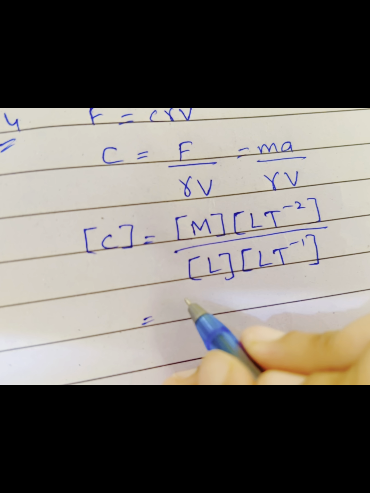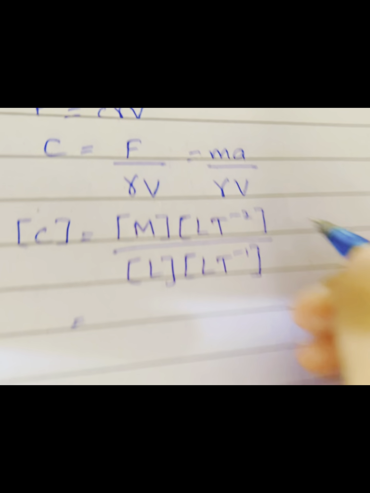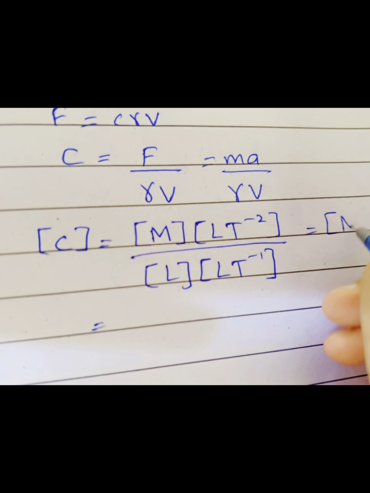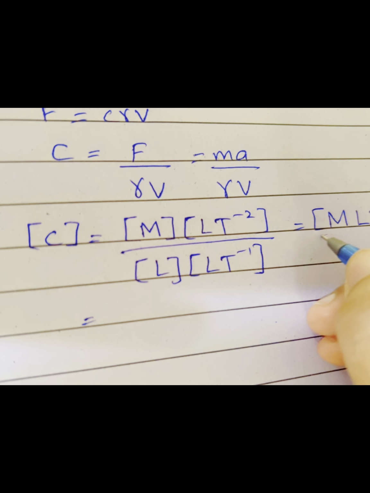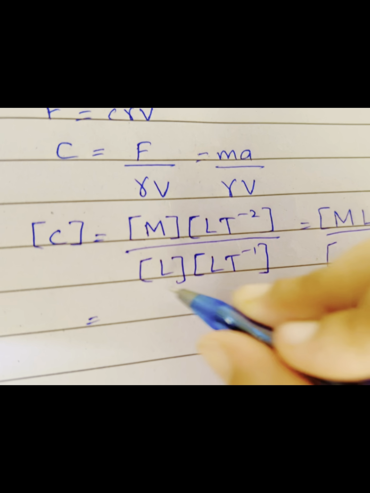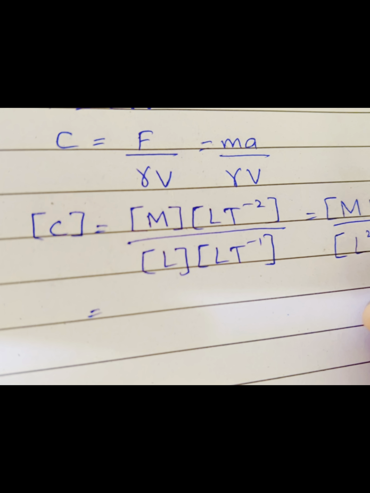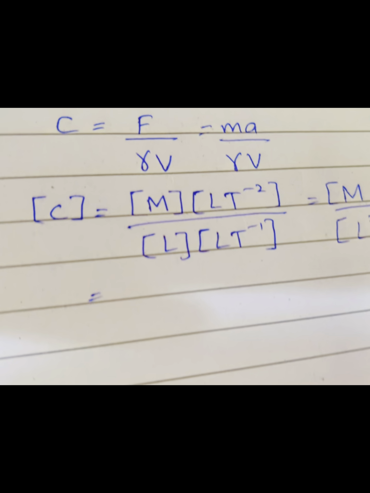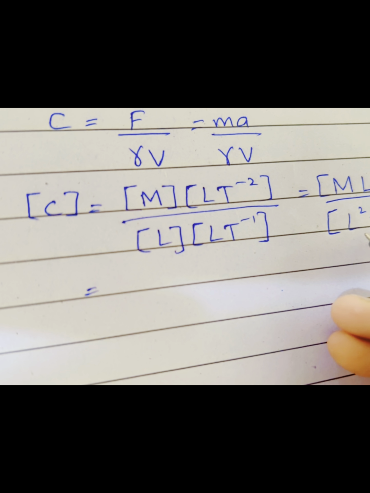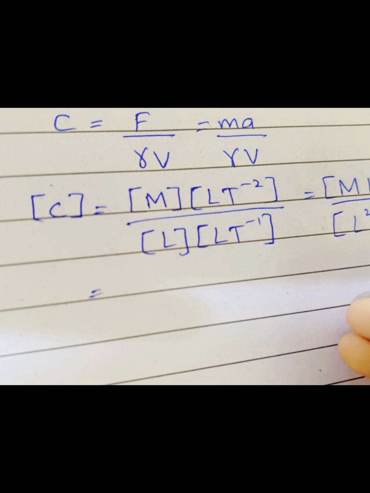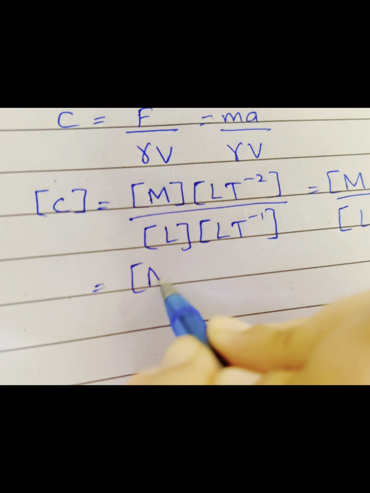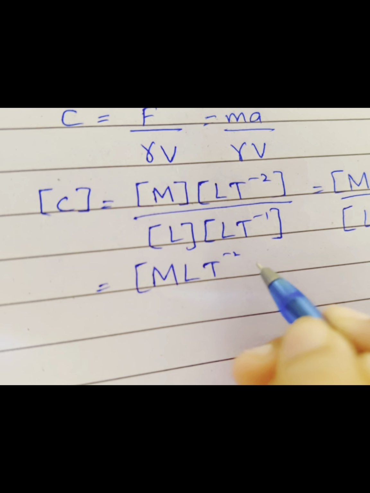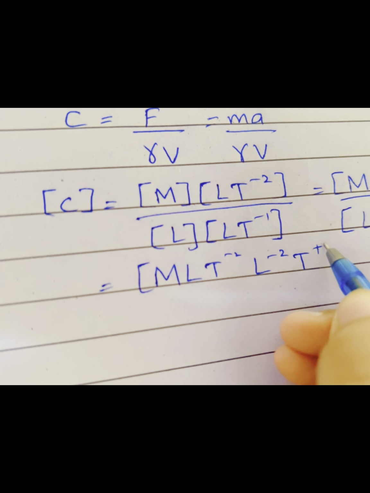Now let's solve this equation. M LT minus 2 divided by L and LT minus 1. Now shift these values of L and T, dimensions of L and T, from the denominator to the numerator. M LT minus 2, L minus 2 and T plus 1.